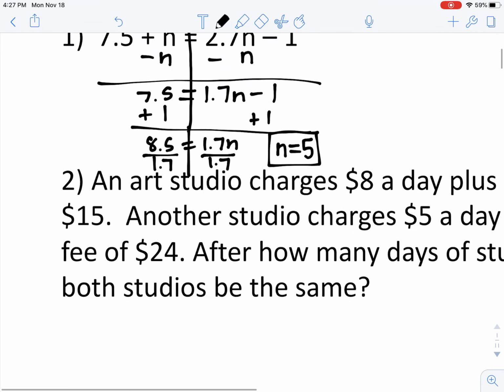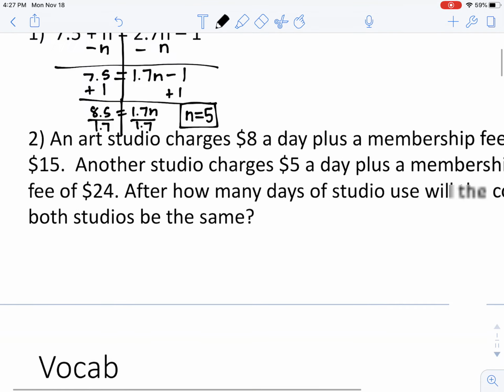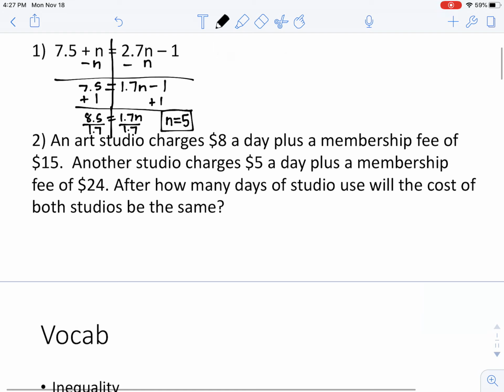Number 2, an art studio charges $8 a day plus a membership fee of $15. Another studio charges $5 a day plus a membership fee of $24. After how many days of studio use will the cost of both studios be the same? So we're going to set these studio prices to equal each other. We know that Studio 1 charges $8 a day plus a fee of $15.